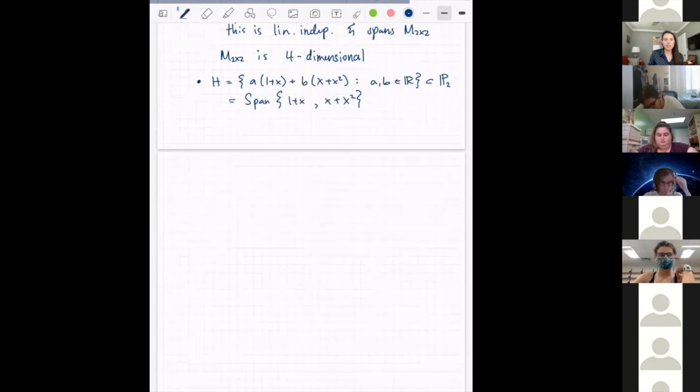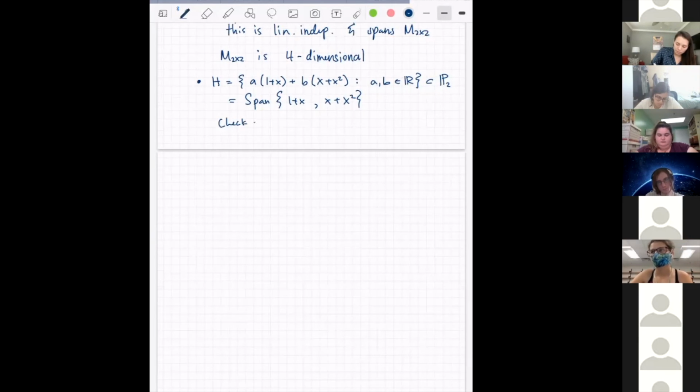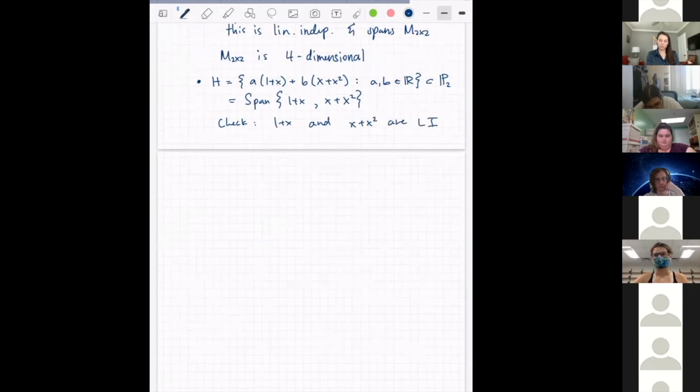Okay, and then so we have something that spans this. If these are linearly independent, then this is a basis, right? So we just want to check that 1 plus x and x plus x squared are linearly independent, right? Okay.